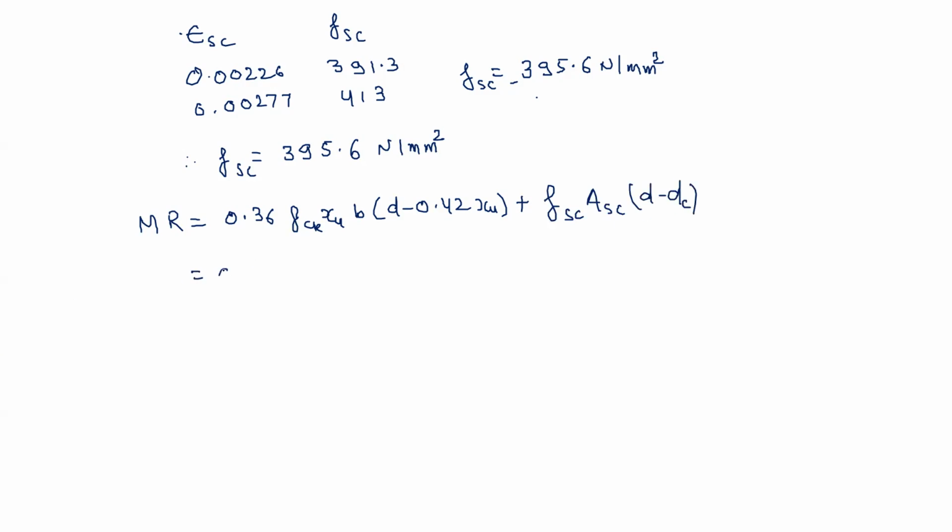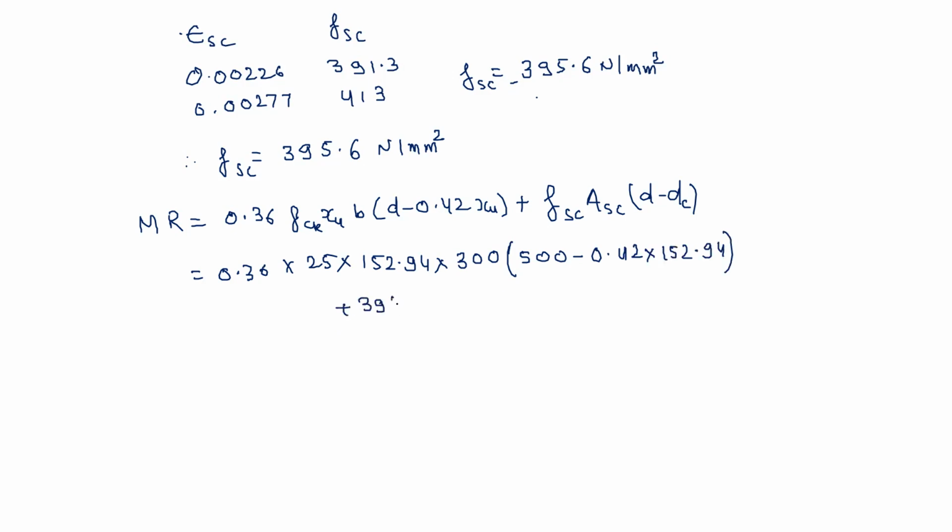Now substitute the values: 0.36 into 25, Xu we have 152.94, into B we have 300, D we have 500, minus 0.42 Xu again 152.94, plus FSC is 395.6, ASC 1030.44, and D minus DC, 500 minus 50.